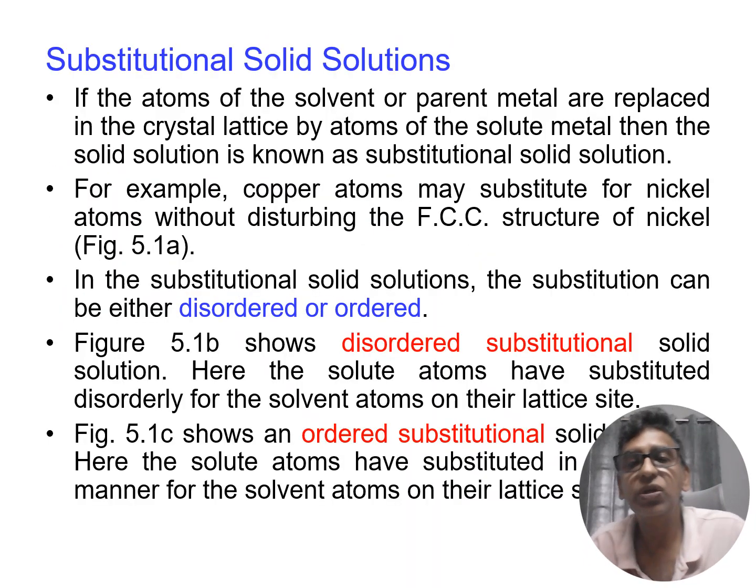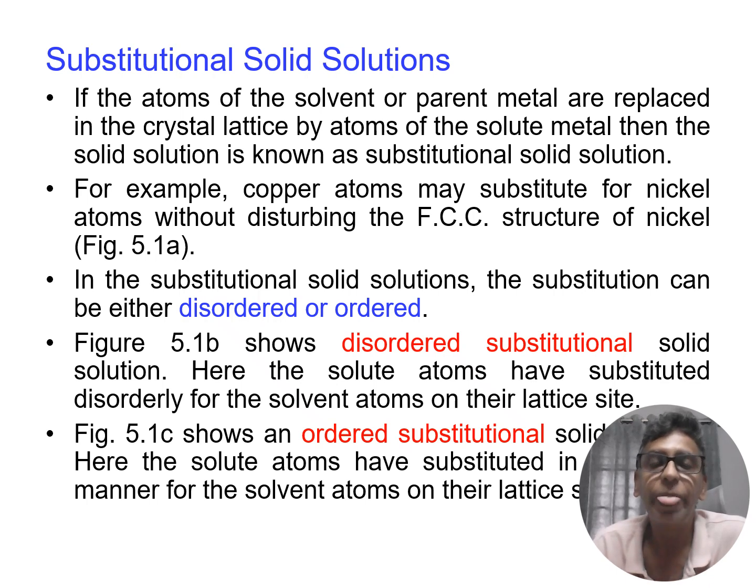In a substitutional solid solution, if the atoms of the solvent or parent metal are replaced in the crystal lattice by atoms of the solute metal, the solid solution is known as a substitutional solid solution. For example, copper atoms may substitute for nickel atoms without disturbing the FCC, face-centered cubic, structure of nickel. The substitution can be either disordered or ordered.